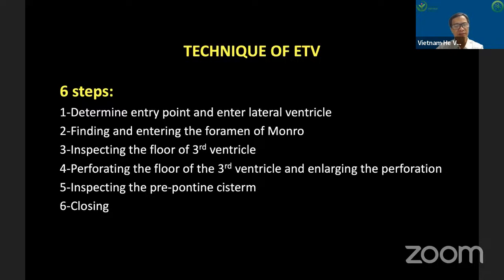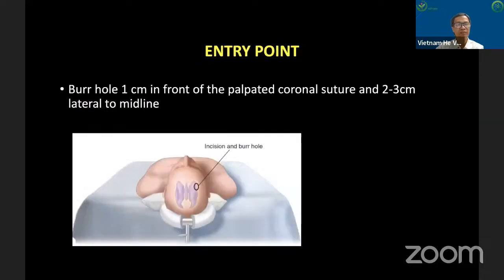The third step, inspecting the floor of the third ventricle. The fourth step, we make a hole or enlarge the hole, the perforation. The fifth, inspecting the prepontine system, and the sixth one is closing.